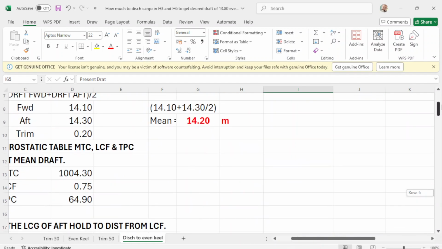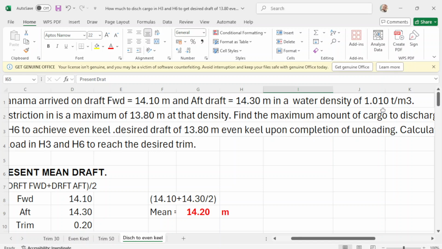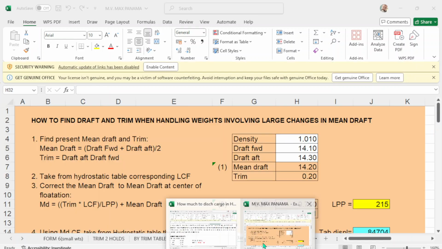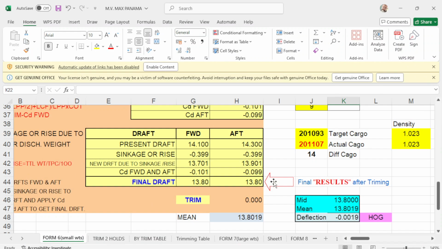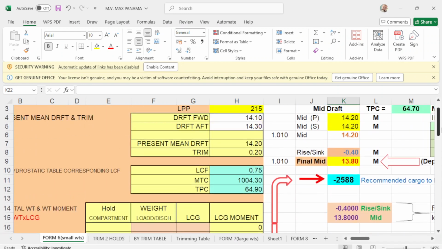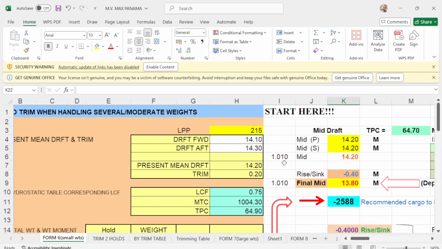Density is 1.010, until the final density is 1.010. Okay, from this present drop to the final drop, the density is the same, 1.010.